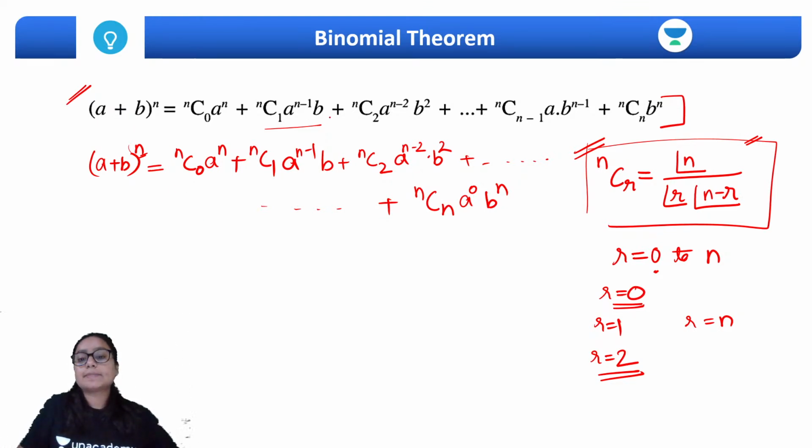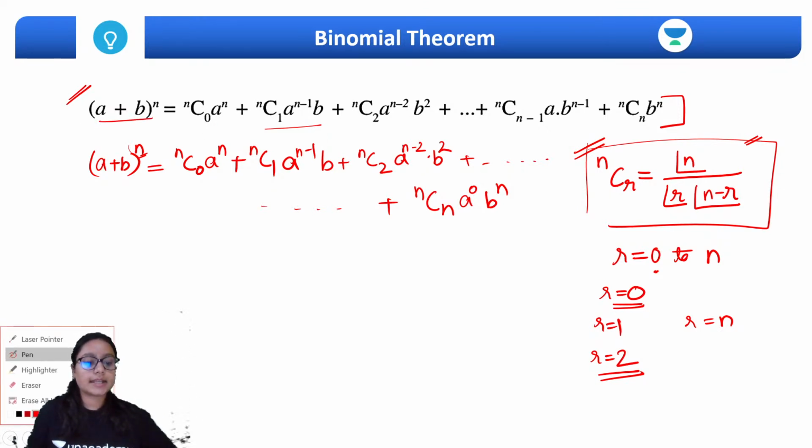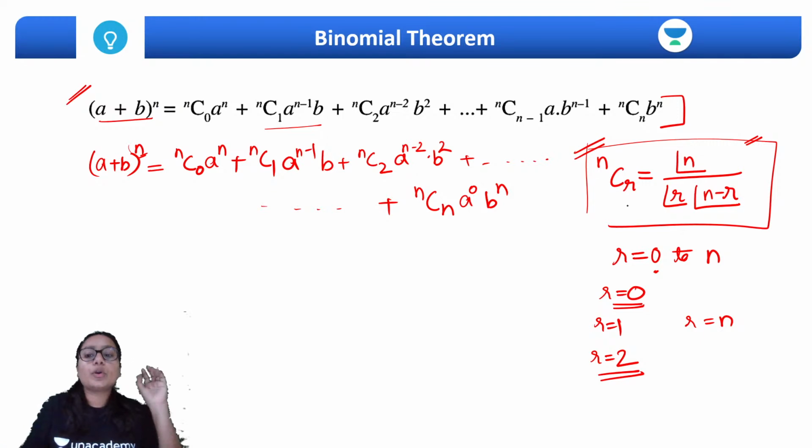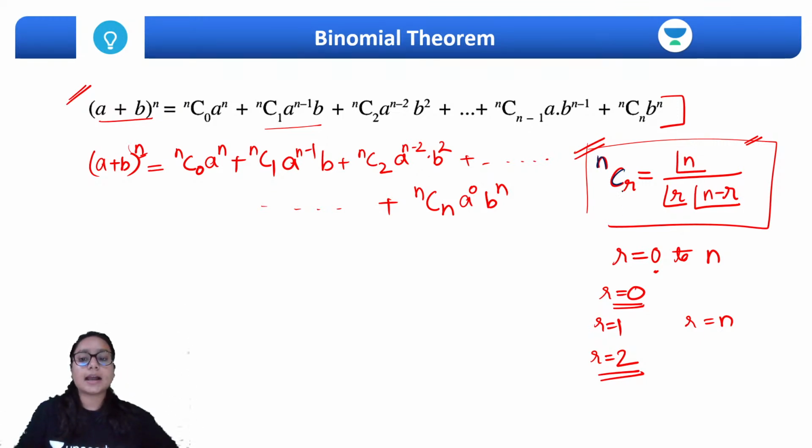So see, this is the expansion of (a + b) raised to the power n. Now I am going to use this formula nCr, which is factorial n upon factorial r into factorial n minus r.